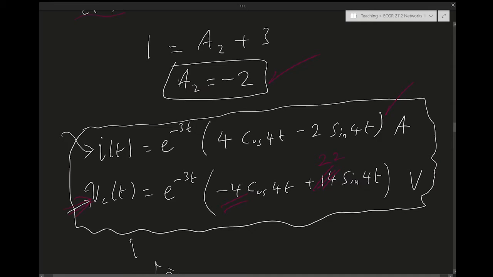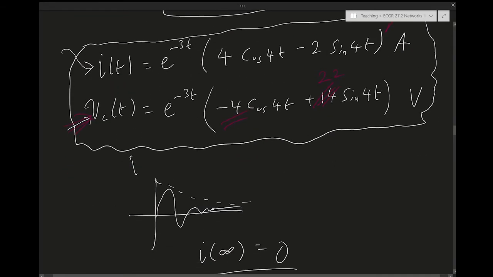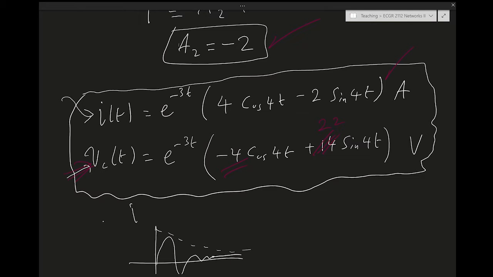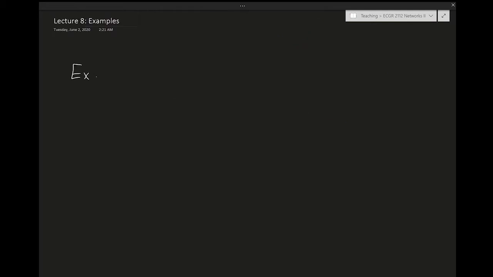All right, now we're going to move on to the example we started last lecture, which is an example of a pulsed input. So it's an example of multiple transients that we can solve using the techniques that we already know.